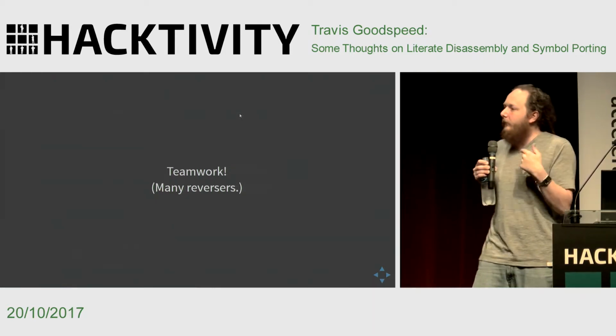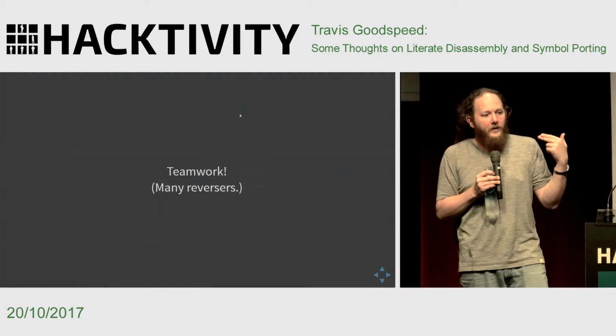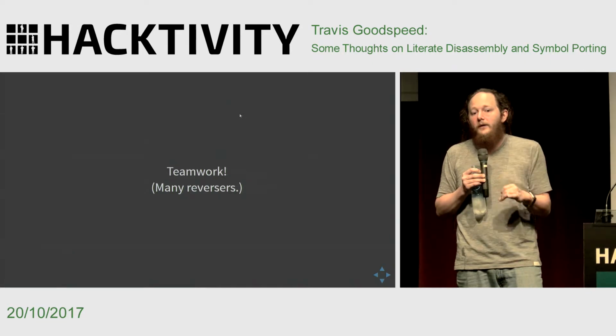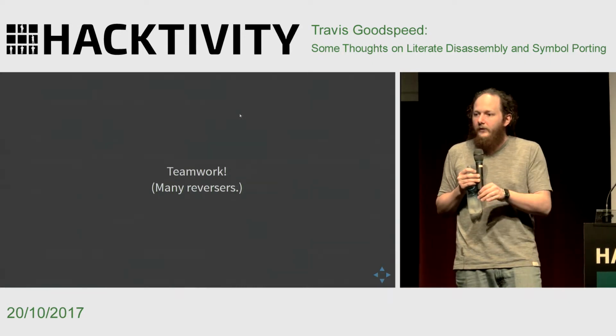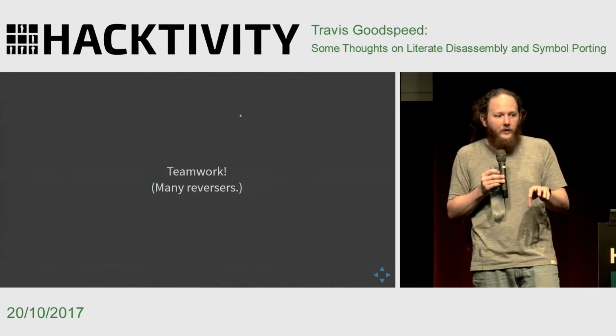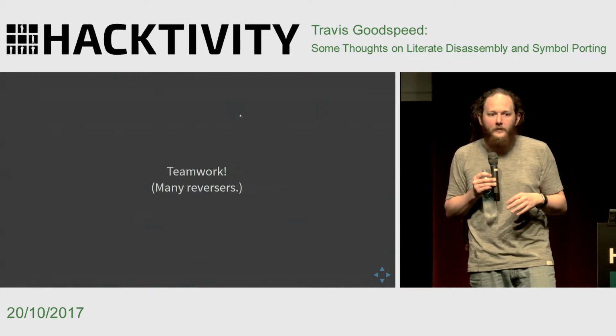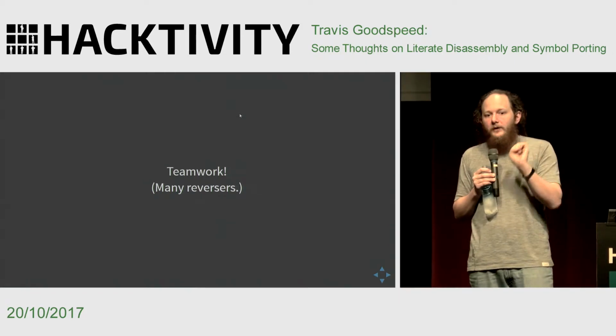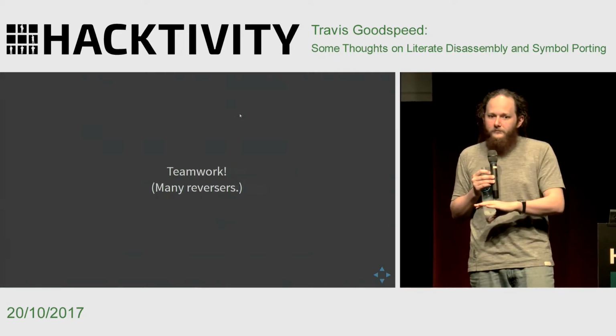If you try to do a reverse engineering project between many people with IDA by sharing an IDB database, very quickly one IDB fork will become the best one and all of the others will be thrown away, and you'll have excellent records for the USB stack, and you will have completely lost all of the graphics code.